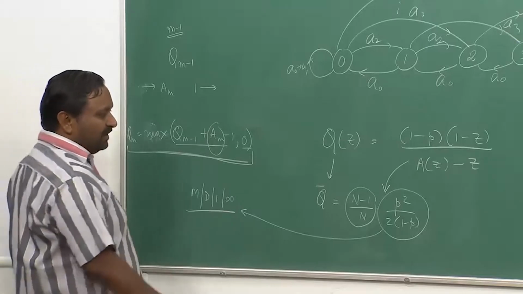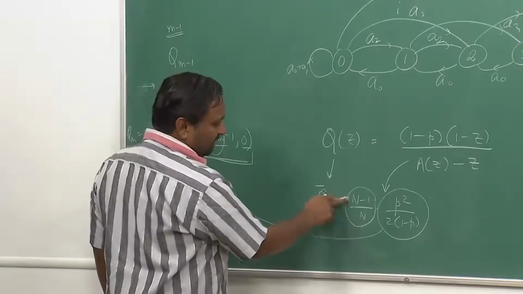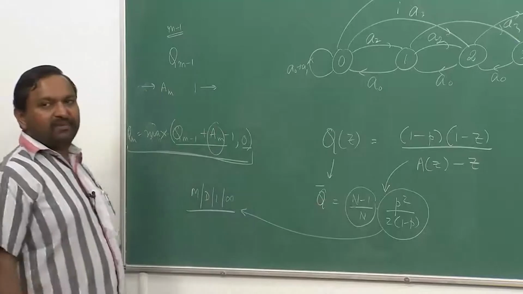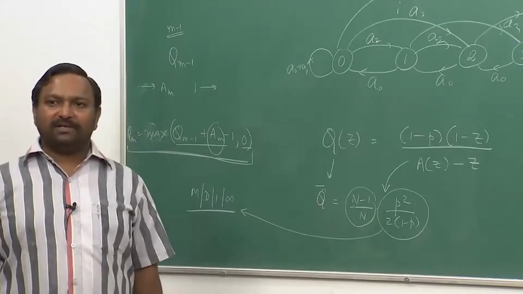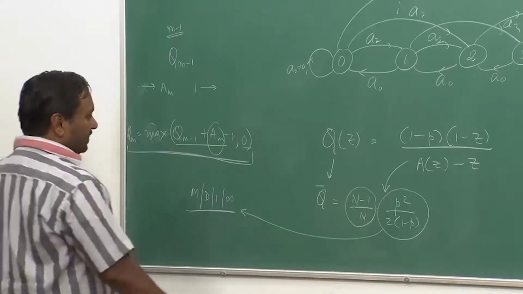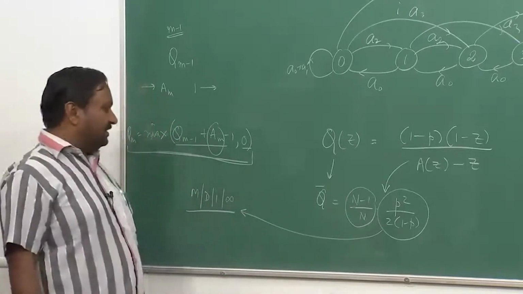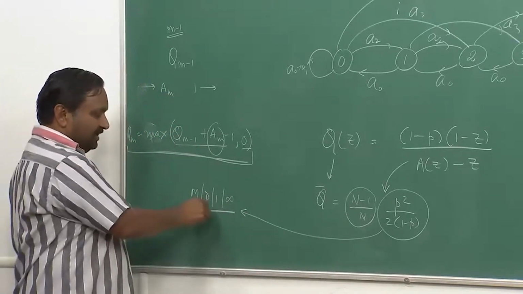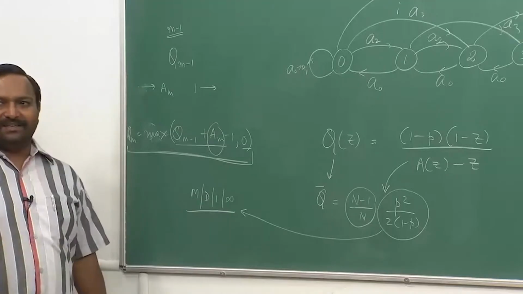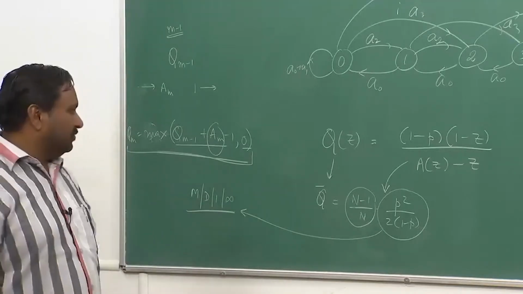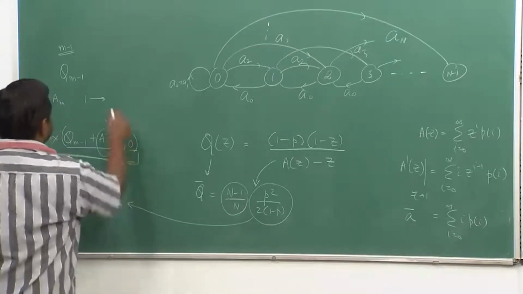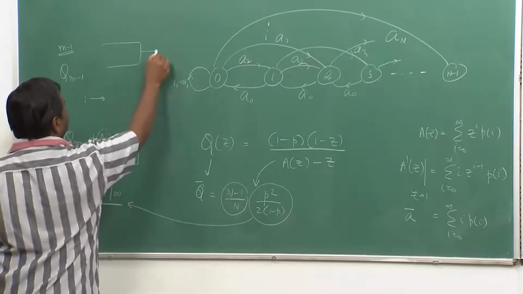So when n actually becomes very large, this will cancel. N minus 1 by n can be approximated as 1, and Q bar, the queue, will exactly behave as if it is a Markovian arrival, deterministic departure, single server and infinite buffer queue. What it means is that there is a queue, there is only one single server.